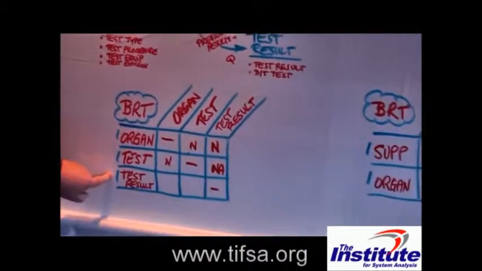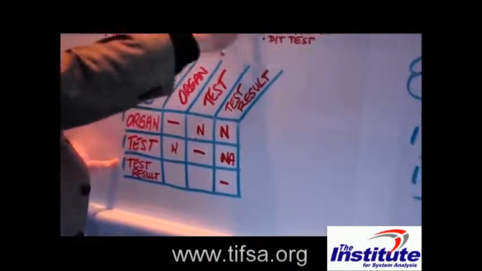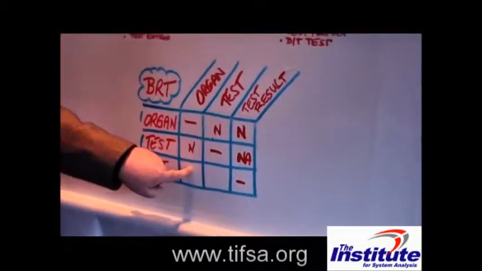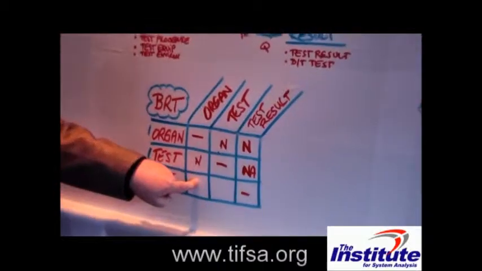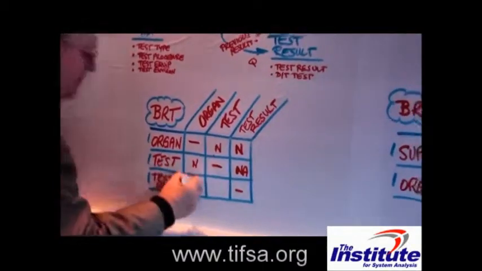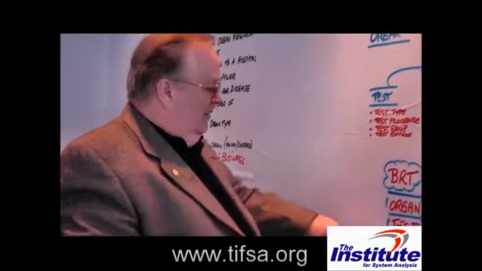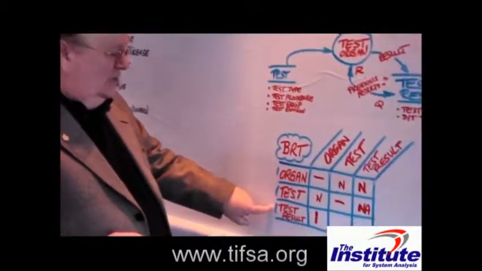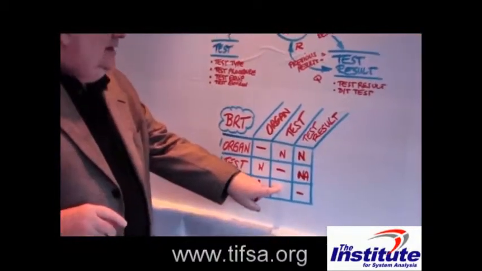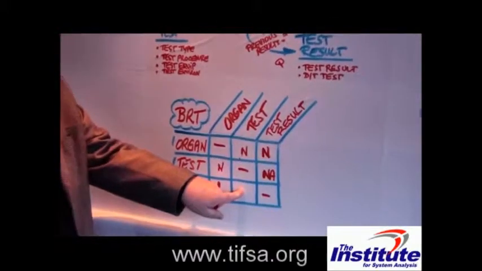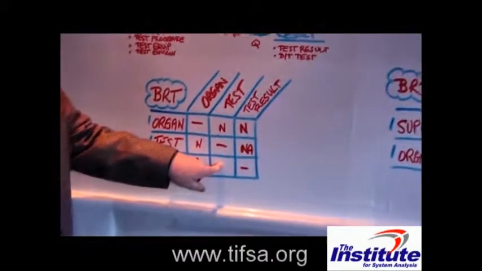But for a single specific test result, how many organs would that single specific test result apply to? Clearly to one. Not to a whole bunch, it's a single specific test result in this example, and it can't be none. For a single specific test result, how many tests would it apply to?